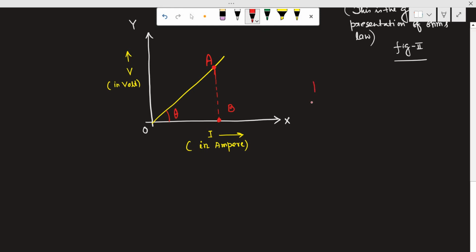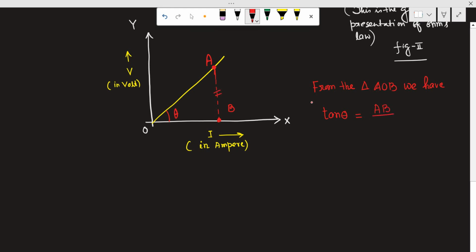So from the triangle AOB, we have tan theta equal to perpendicular by base.